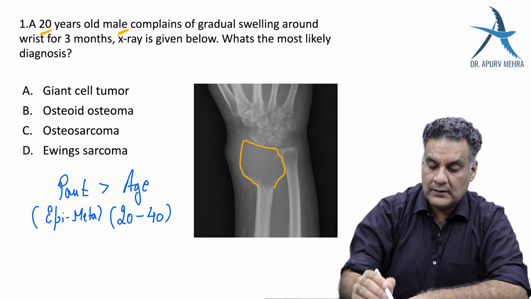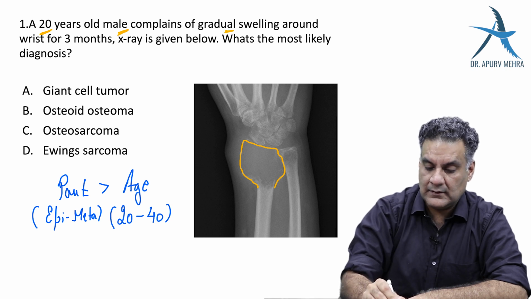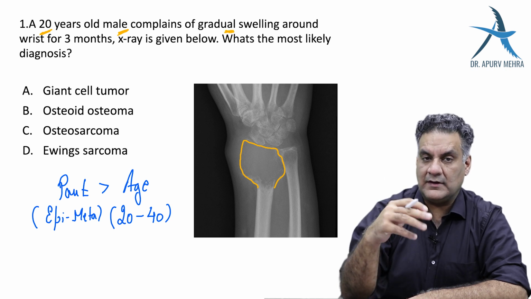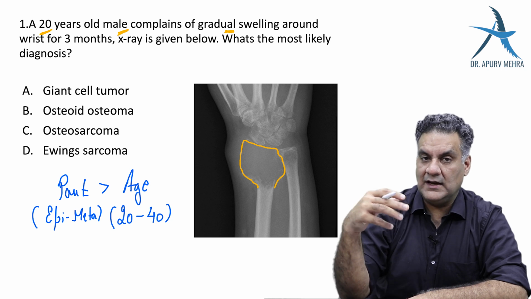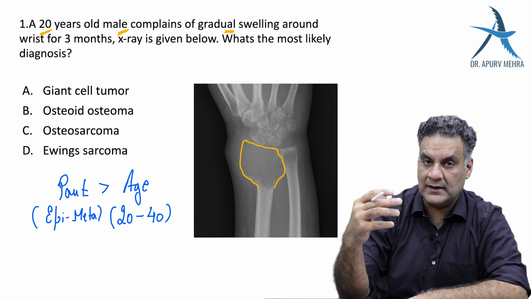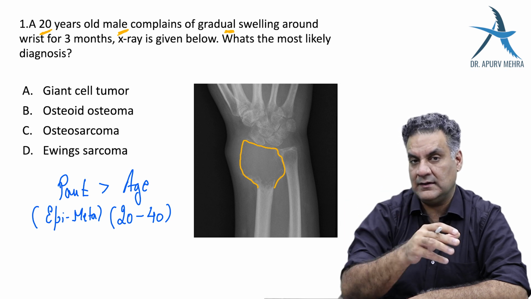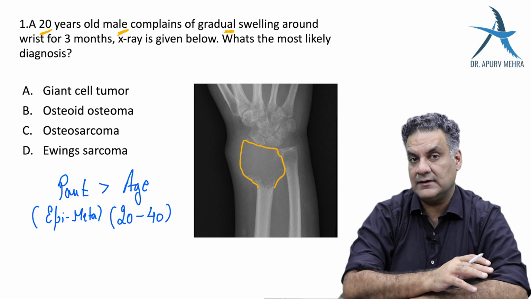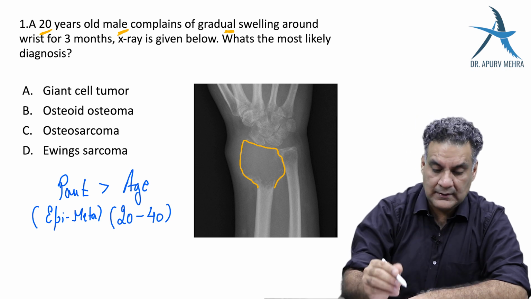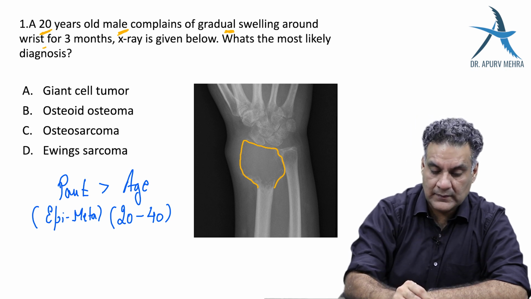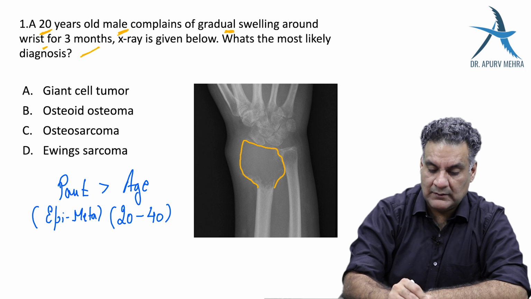That's okay. Gradual swelling. Gradual means it's not rapidly growing, so we are not dealing with something malignant. Gradual also means it's progressive, unlike benign, which can sometimes be latent. And around the wrist, for a time period of 3 months.